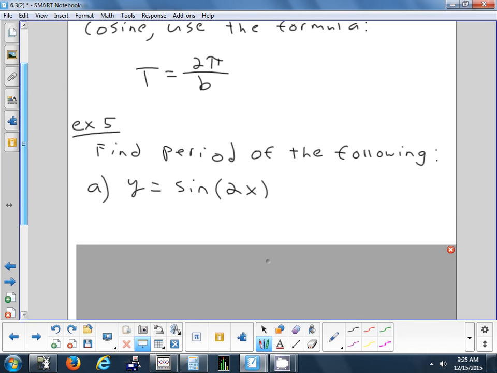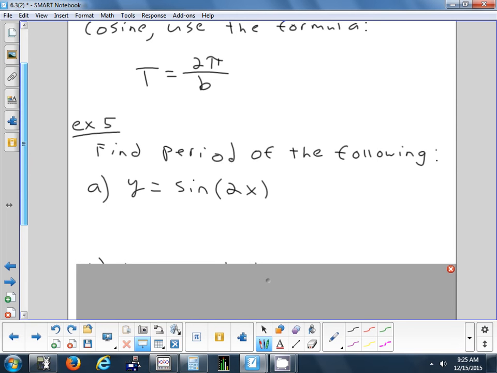Just like we did with the amplitude, let's practice finding the period. My formula is T equals 2 pi over b. Find the period, yep. Now, what's b in this problem? 2.